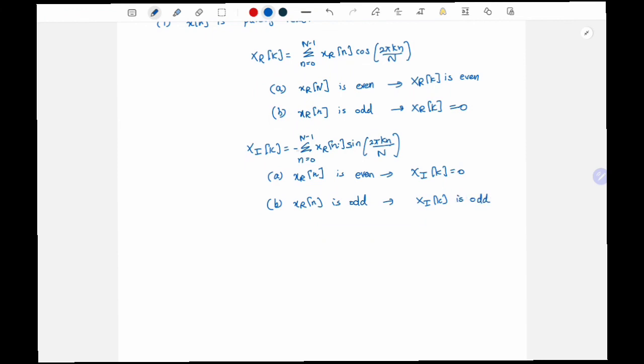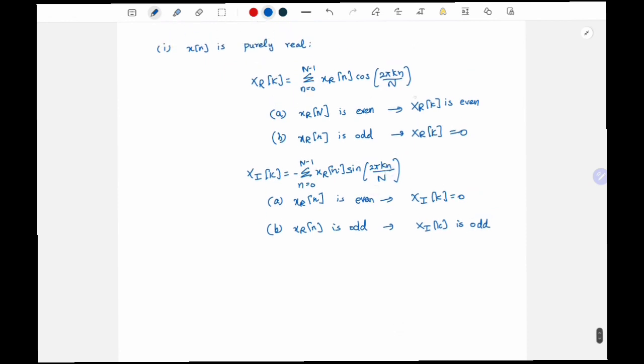The summation itself will be some number, but if you substitute k with minus k, only the sign is going to change, which means this minus will become plus. So my Xi of k is odd. But here, if you replace k with minus k, this cos will absorb that minus term, so your Xr of k is even.